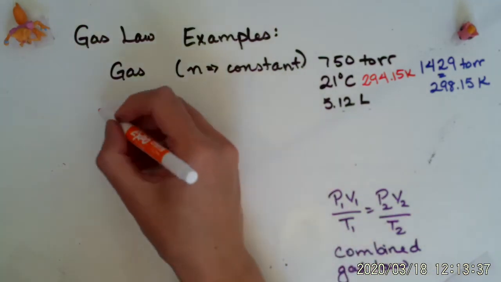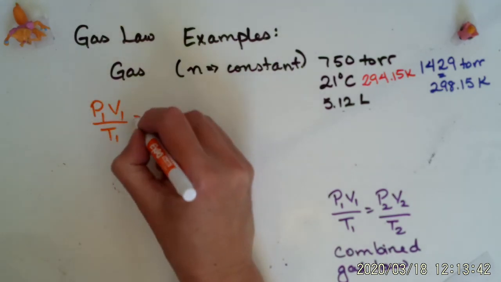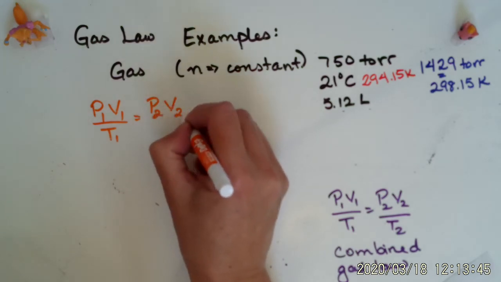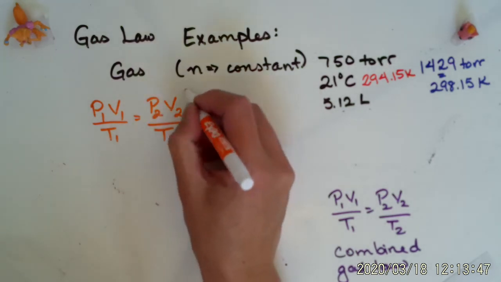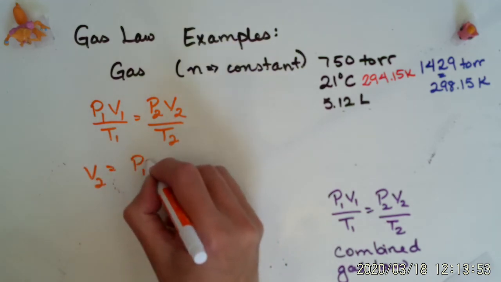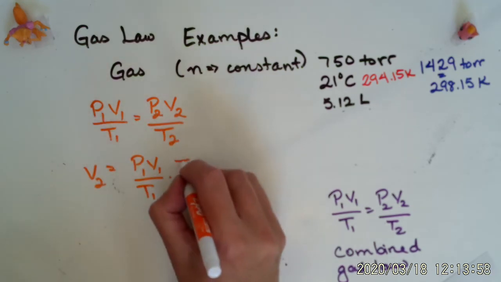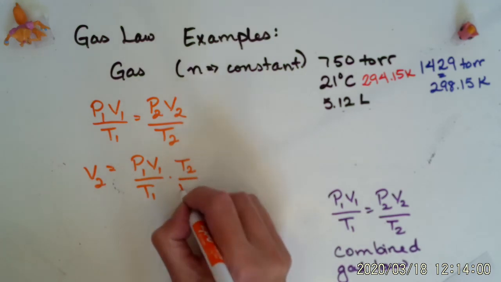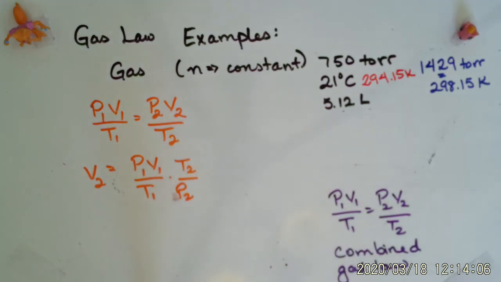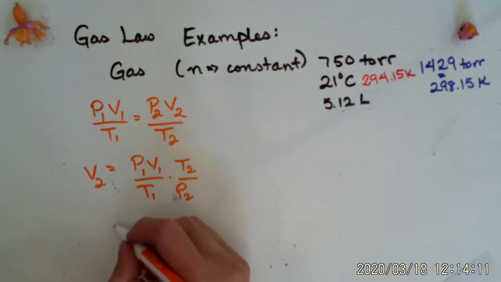We know that P1 V1 over T1 is equal to P2 V2 over T2. We're looking for V2, so I'm going to rearrange everything: V2 equals P1 times V1 over T1 times T2 divided by P2. Now that I have the combined gas law rewritten, we can solve for our new volume.